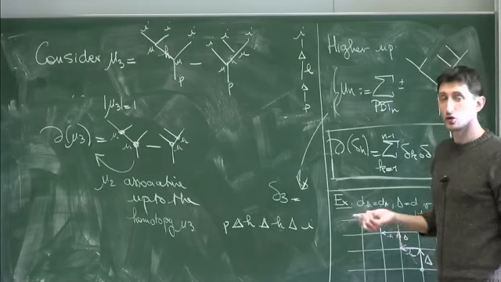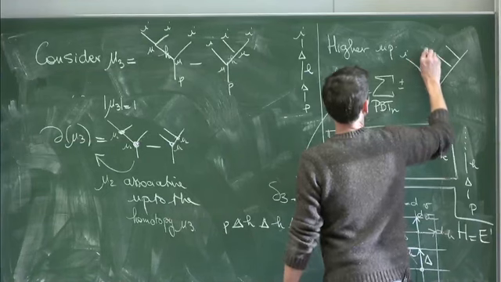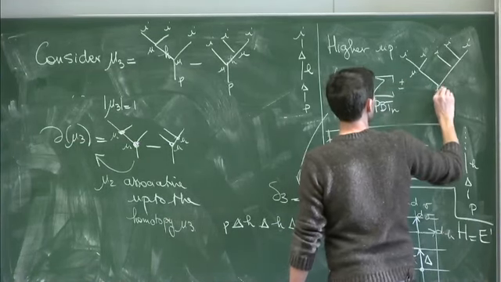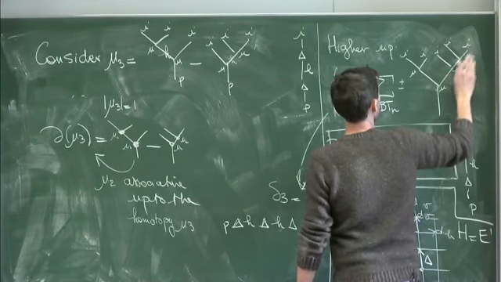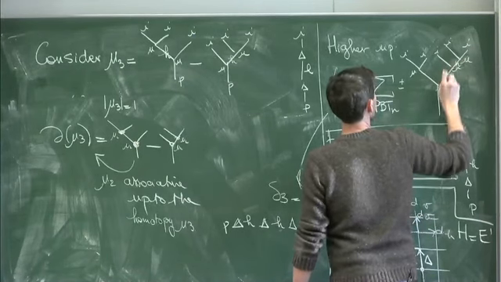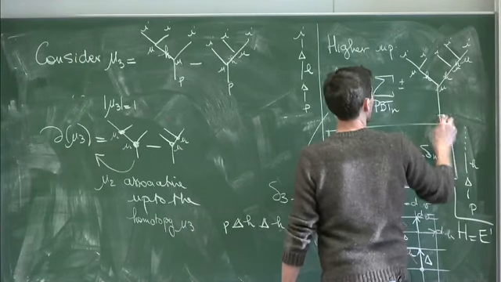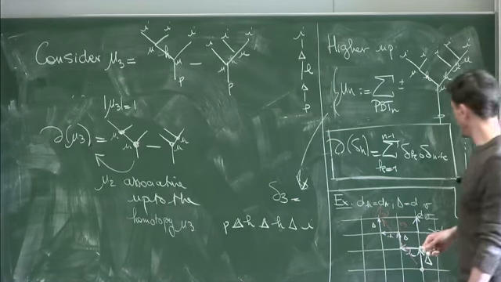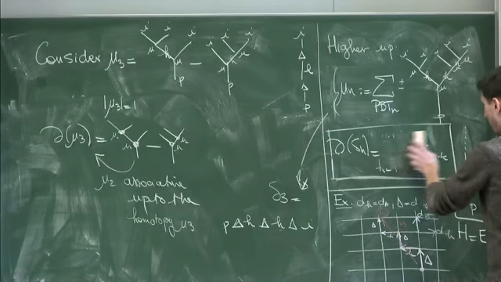Okay, and when I have such a tree, I label it in the same way. The inputs I, here it's mu. The internal edges by H, and the root by P. Okay, and I leave you to check that.